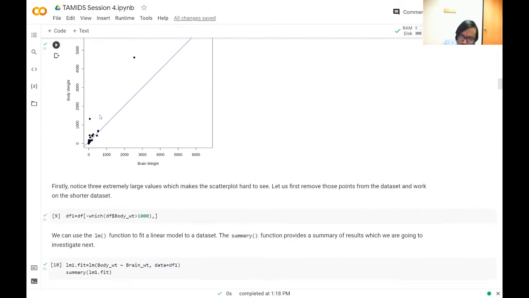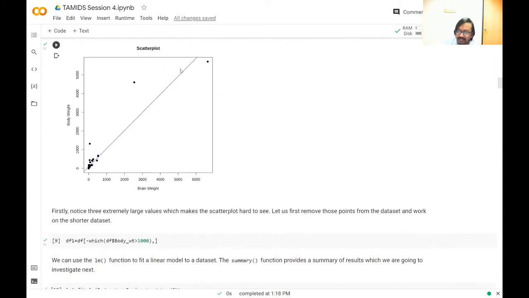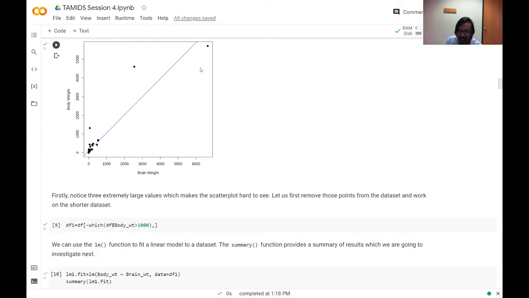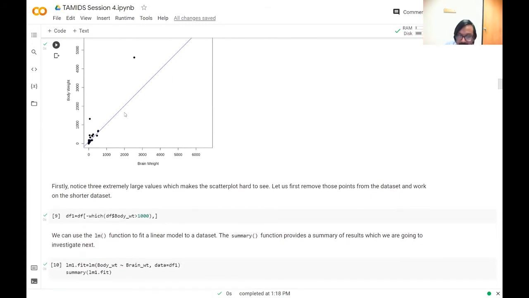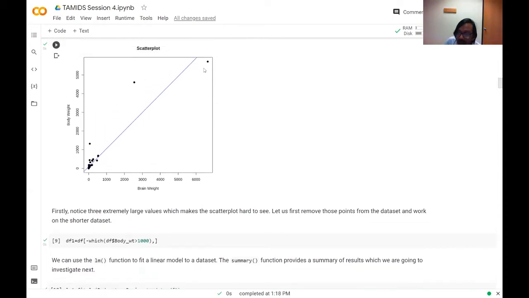Since we have these 3 large points that make the other data points difficult to see, we are going to learn a little bit of data manipulation, and we are going to work with a shorter data set by removing these 3 points from the data set. So how do we access these 3 specific observations? Notice that these 3 observations correspond to body weight greater than 1000.